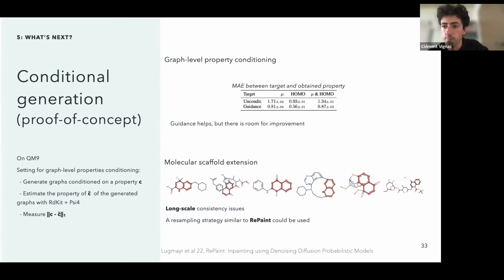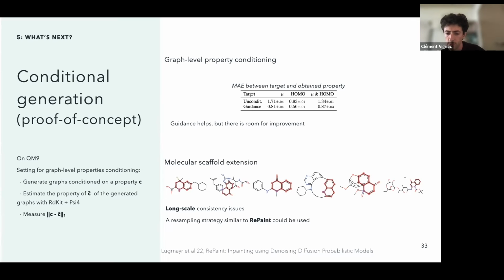So there is more for the future on conditional generation. One other thing that is very easy to do with this model is condition on an existing subgraph. For molecules, it's called molecular scaffold extension. Here you can see molecules that are conditioned on a substructure, and you can see that it fails quite often.